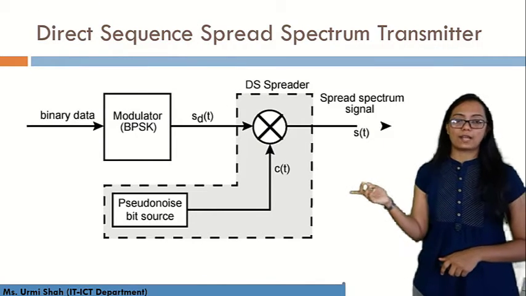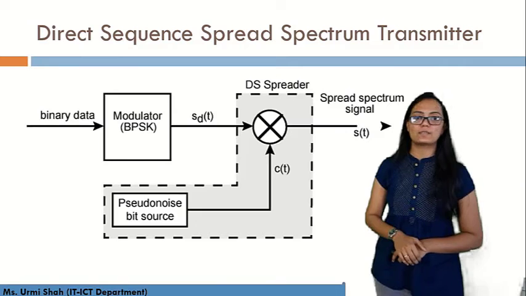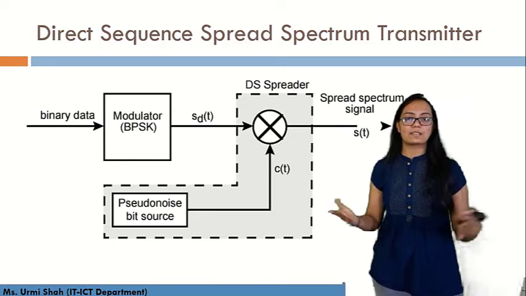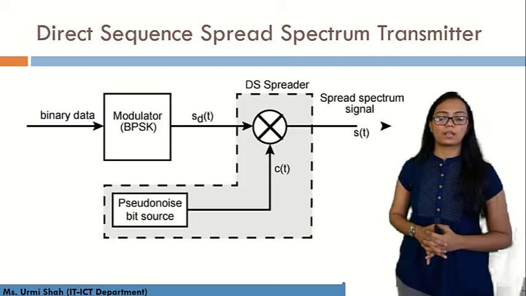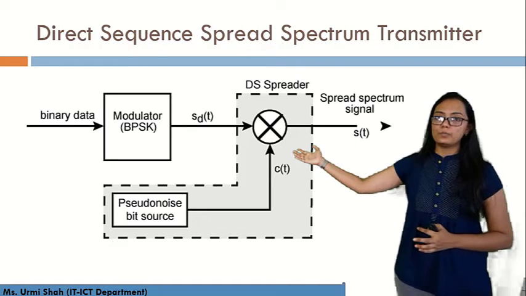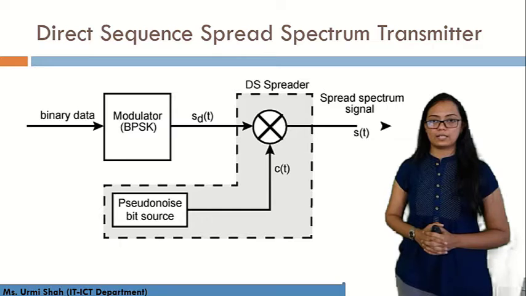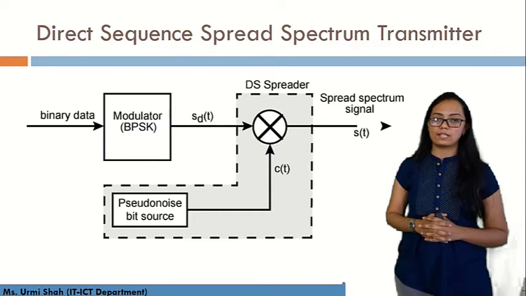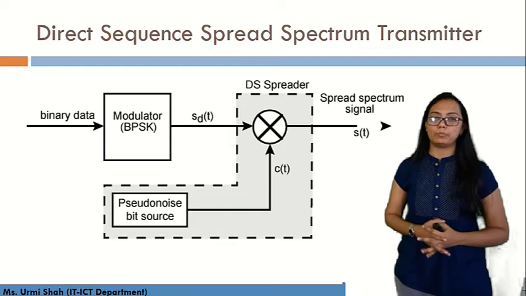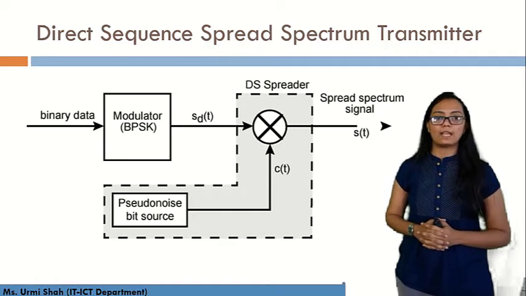Now what is the block diagram of direct sequence spread spectrum? Let's understand the different blocks of DSSS. Basically, the input data will be binary data, which is then processed by the modulator circuitry, where we will have BPSK modulation, that is binary phase shift keying.